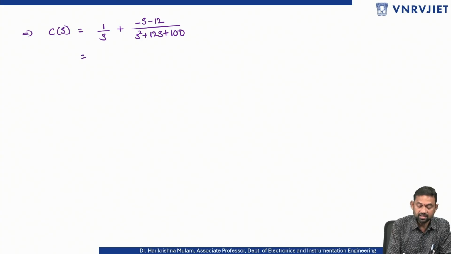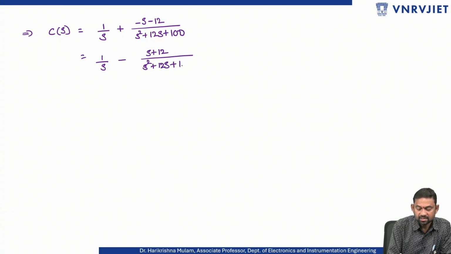Therefore, if you take this minus common out, it will be 1 by s minus s plus 12 by s square plus 12s plus 100. Okay. So for this expression, you need to find the inverse Laplace transform.